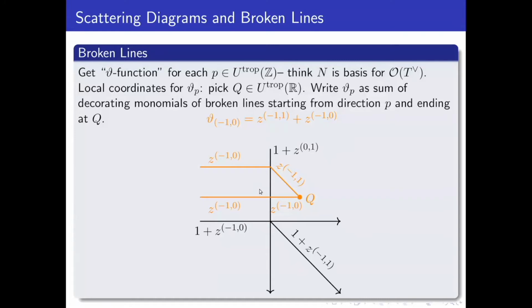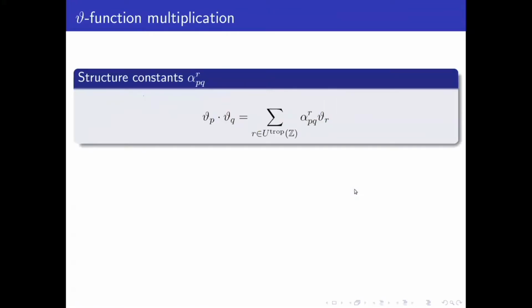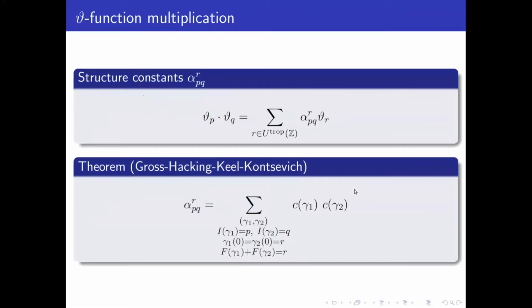So we could have an additional broken line where the term for our intermediate broken line here would have a coefficient of 2 instead of 1. So these C's are encoding multiplicities in that sense, where our decorating monomials can pick up some coefficient. And we're just taking a product of those multiplicities, and alpha p, q, r is given in that way.